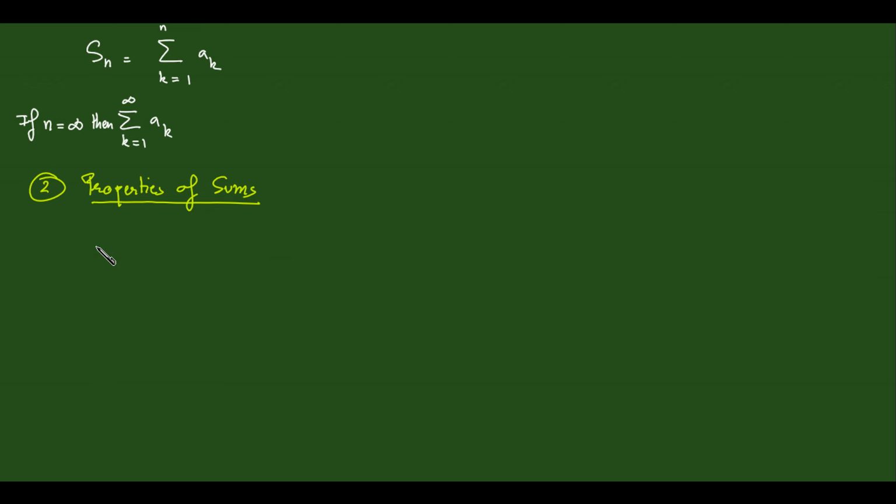The first property I want you to memorize is, if you have the sigma notation summation of two sequences a sub k and b sub k, then the sigma of the sum of the two sequences will be equal to the sum of each sigma.